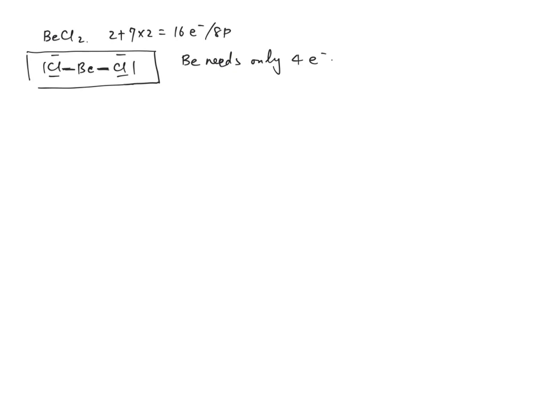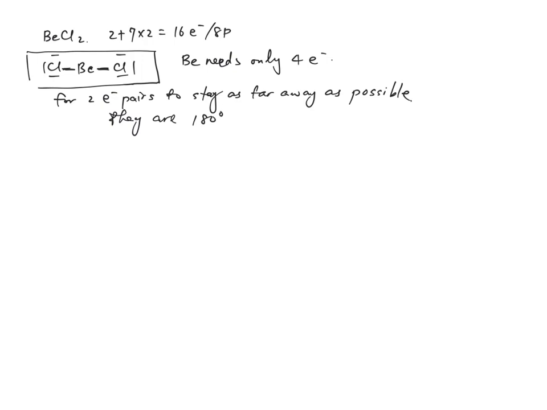For the 2 electron pairs to stay as far away as possible, they are 180 degrees apart, on direct opposite sides of beryllium.